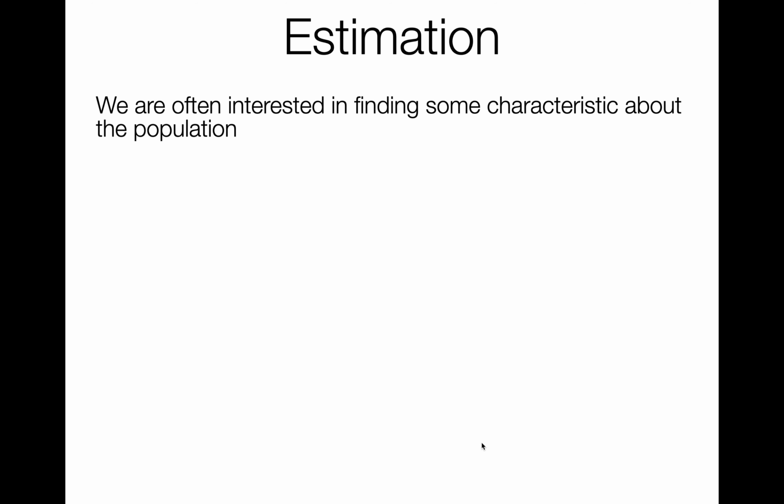When we talk about confidence intervals, we essentially try to get at a part of statistics called estimation. We're often interested in finding some characteristic about the population. We're going to call that characteristic a parameter.